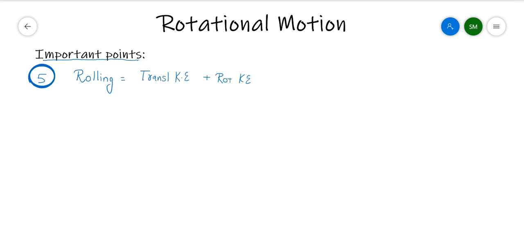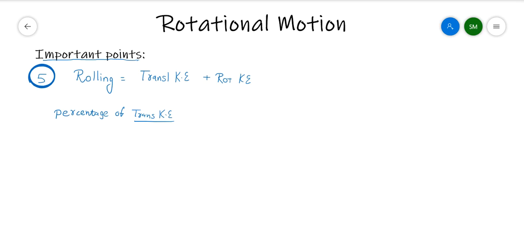Sometimes questions come that we need to find how much percent of translational kinetic energy is present in the rolling body. Out of the total kinetic energy that this rolling body has, how much translational kinetic energy is there as a percentage?